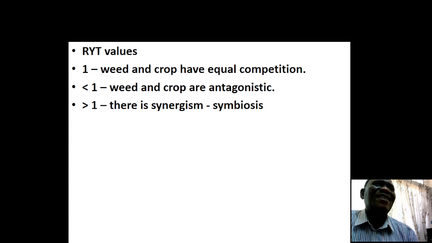Less than 1, it means weed and crop are antagonistic. More than 1, it means there is synergism or symbiosis. That is, if you calculate yield, relative yield totals.